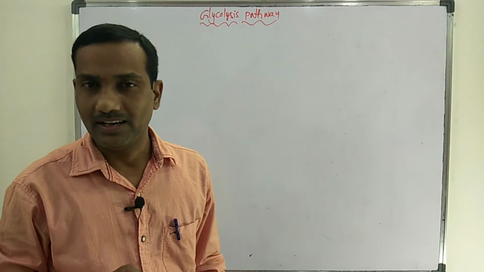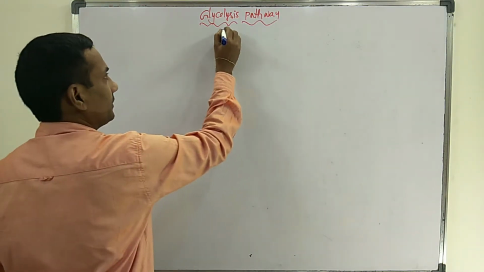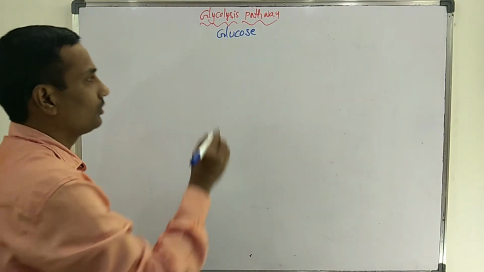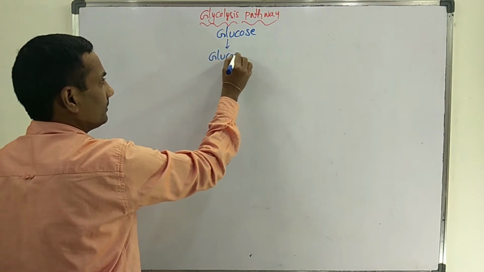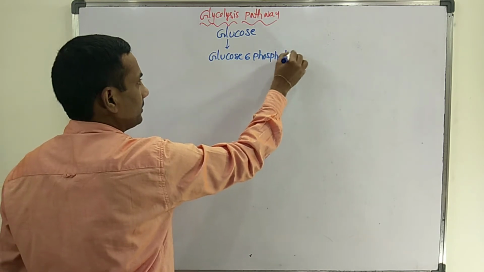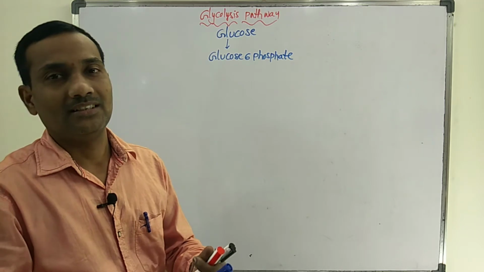The first initial simple carbohydrate is glucose. Glucose converts into glucose 6-phosphate. This process is known as the phosphorylation step.